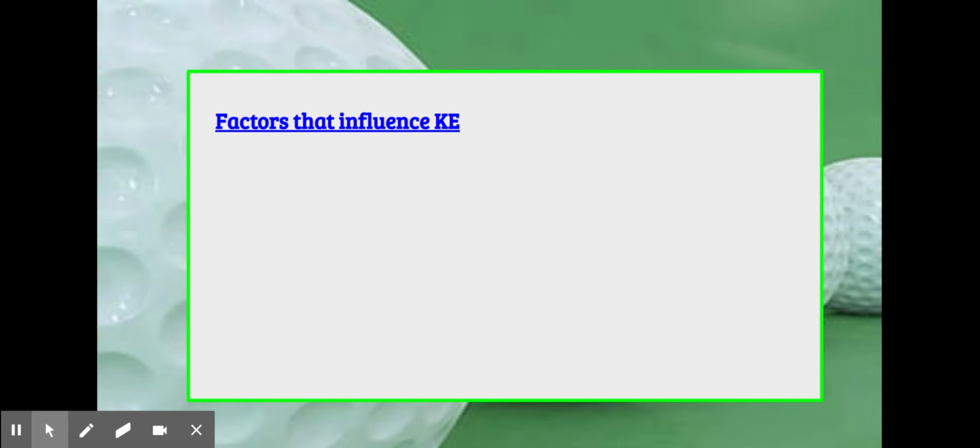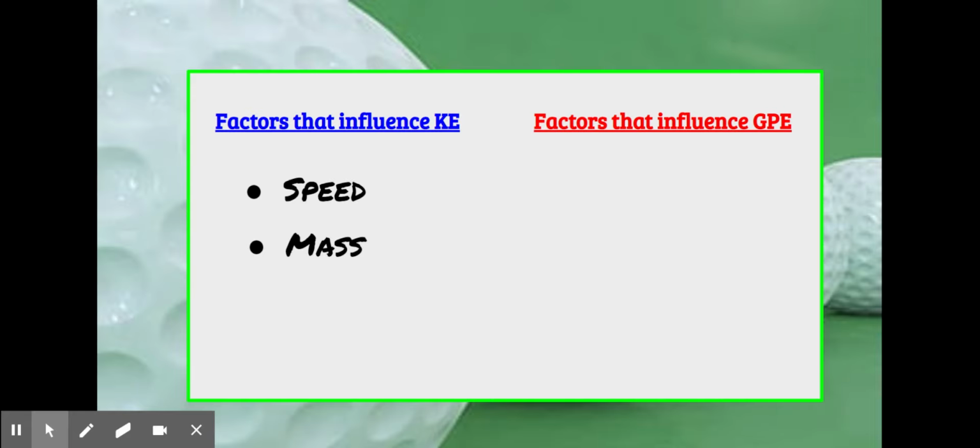And finally, we found out that the factors that influence kinetic energy are both speed and mass, and the factors that influence gravitational potential energy are height and mass.